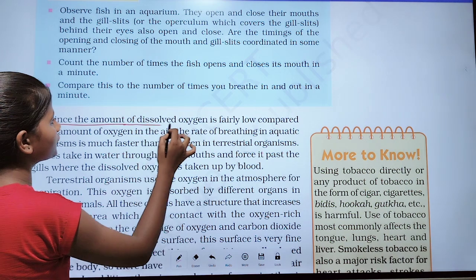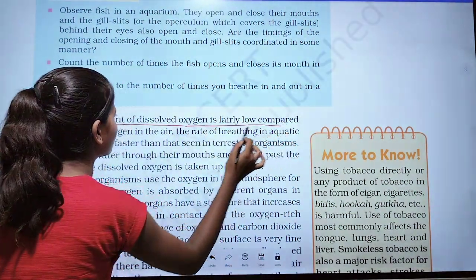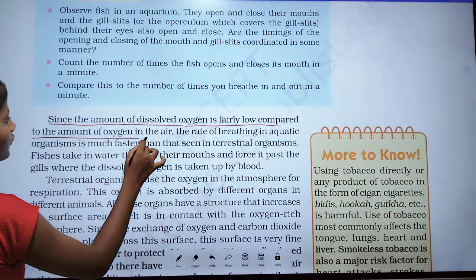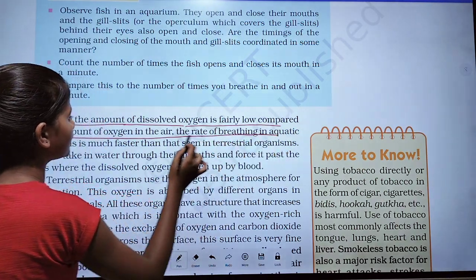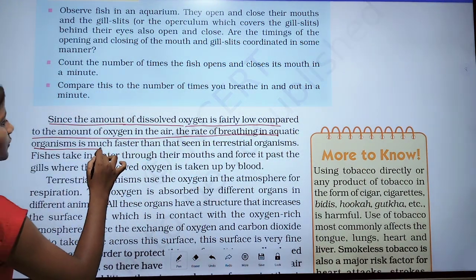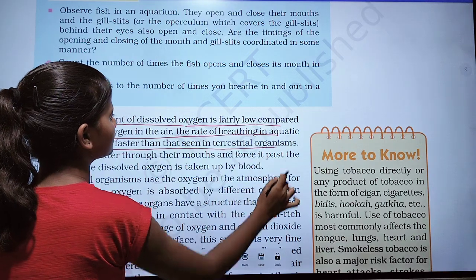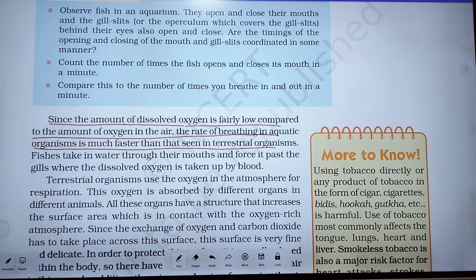Since the amount of dissolved oxygen is fairly low compared to the amount of oxygen in the air, the rate of breathing in aquatic organisms is much faster than that seen in terrestrial organisms. It means the dissolved oxygen is fairly low compared to the amount of oxygen in the atmosphere.